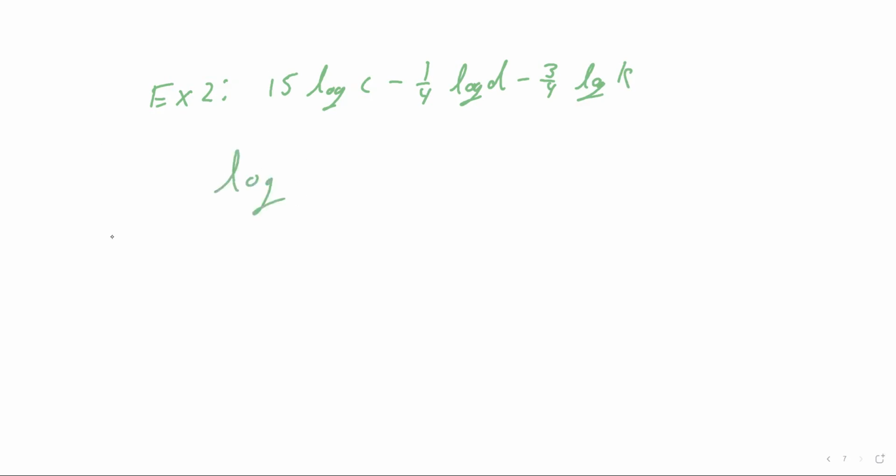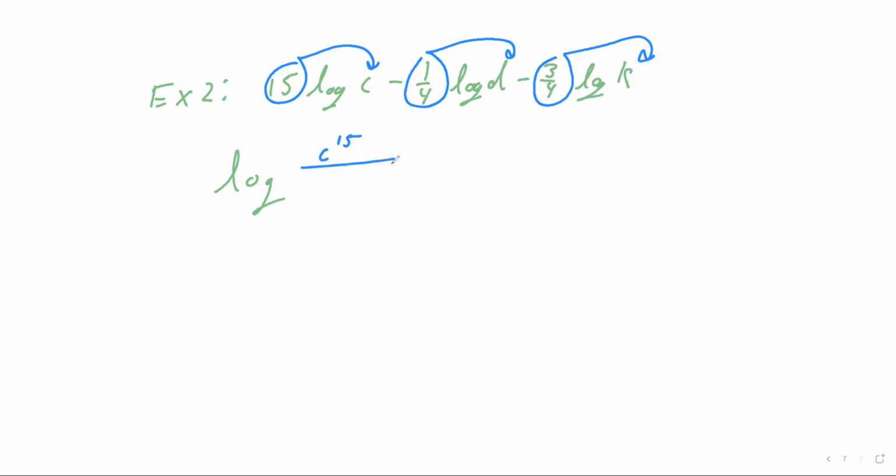Any coefficient will now become an exponent. All right, so this becomes C to the 15th. I see a minus sign, so instantly everything goes on bottom. Now I do get this D to the 1/4, and then I get times K to the 3/4.